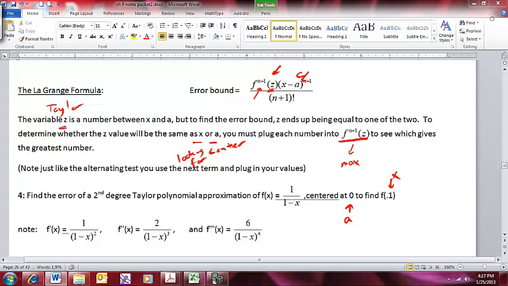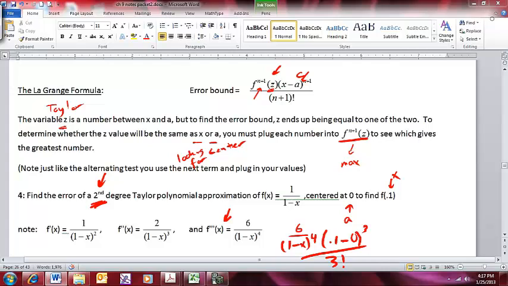Now, what you really want to remember from this, what will get you the points, is that for a second degree Taylor polynomial, we have to be looking at the third term. So the error bound is our third term: 6 over 1 minus x to the fourth, that's my derivative, times x, which is 0.1, minus a, which is 0, to the third, all over 3 factorial.